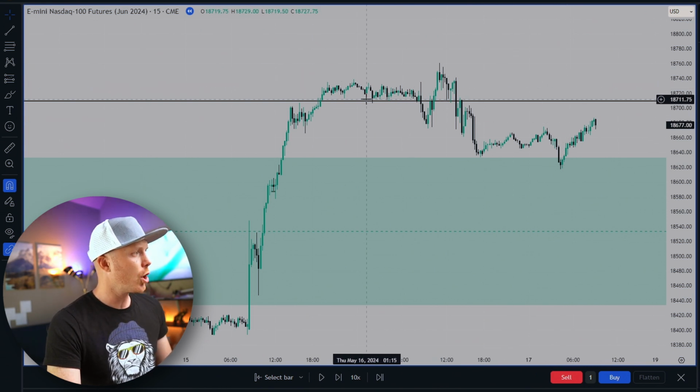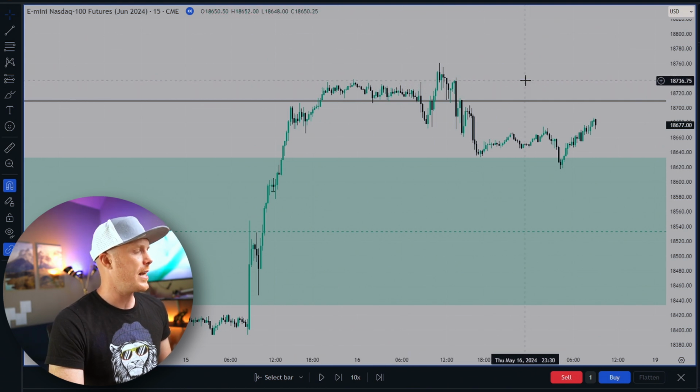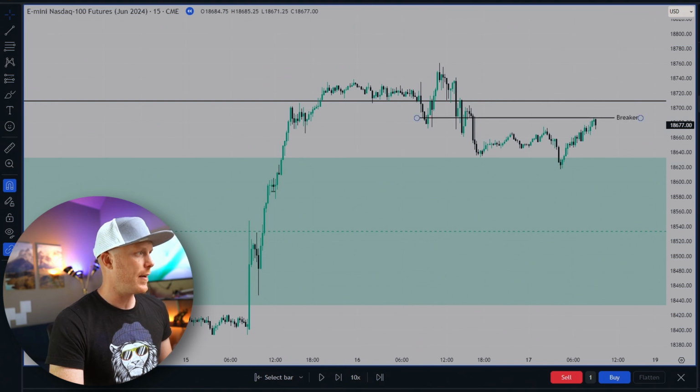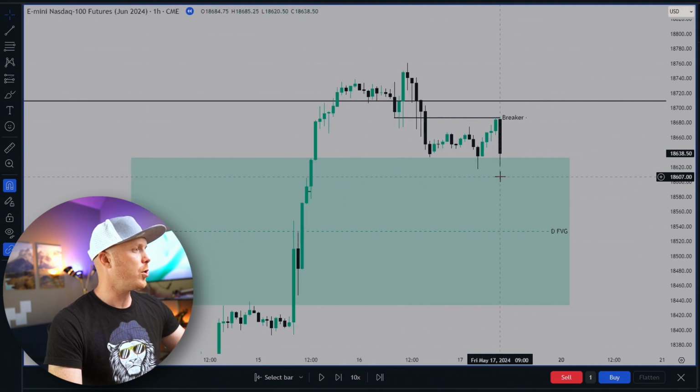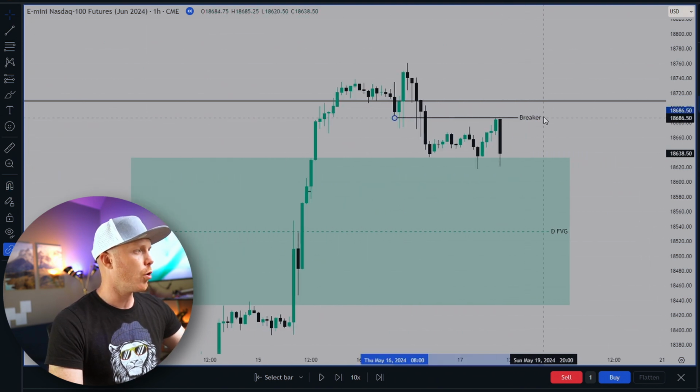Well, we have to go up into a slightly higher time frame and begin to look at additional PD arrays, okay? So if we look here, we are going to have a trend line on the 1 hour that shows up beautifully. This is in the form of a breaker.